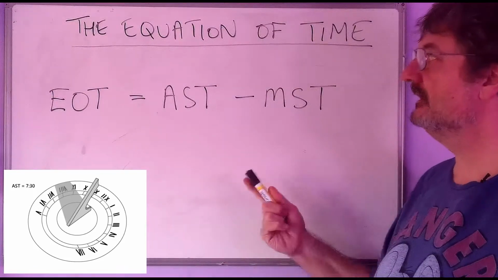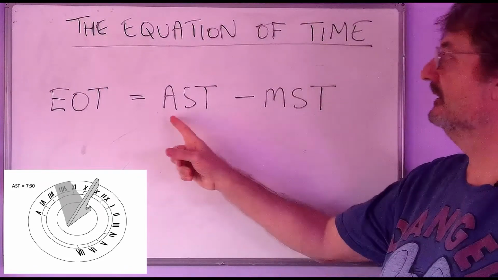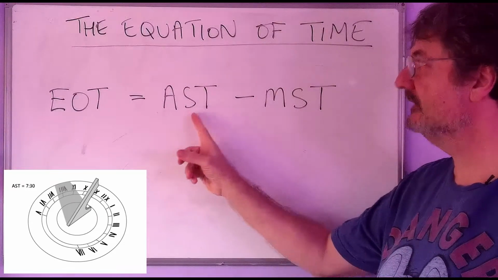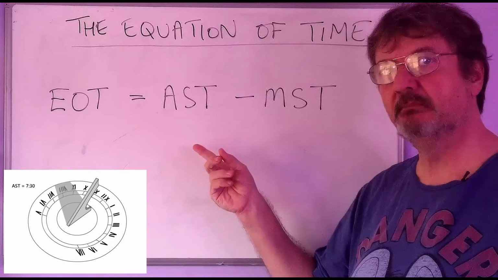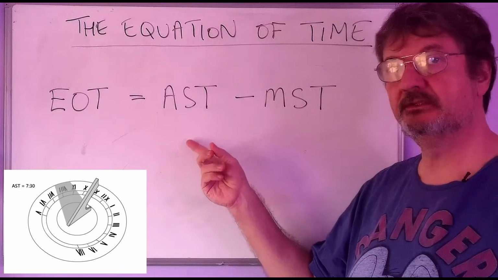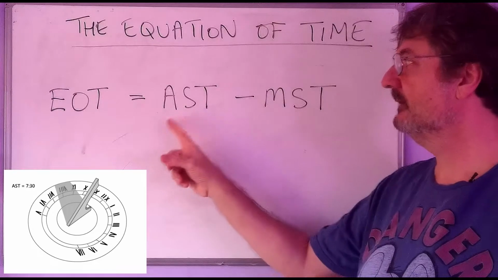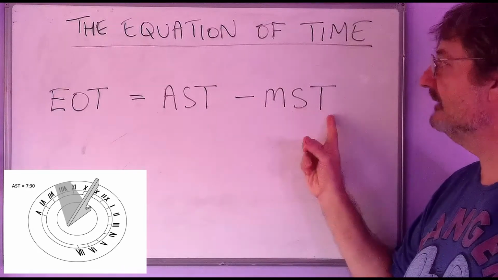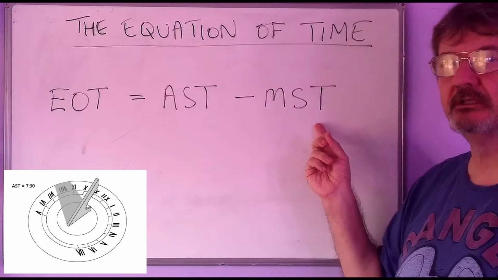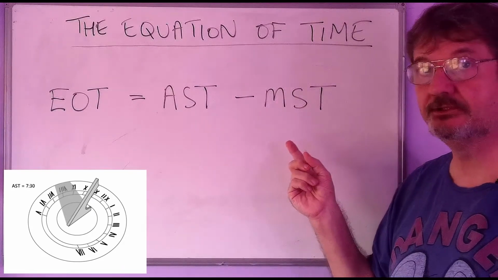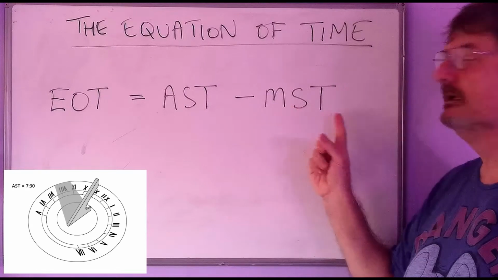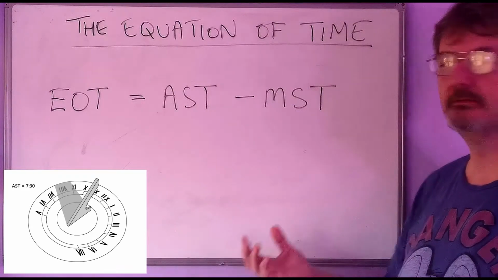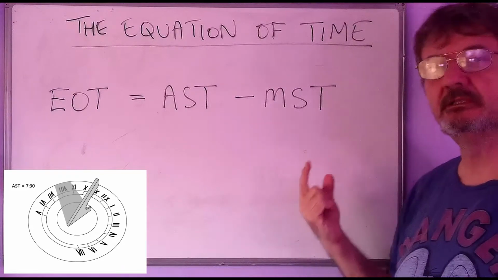So the equation of time is the apparent solar time, which is what the time appears to be according to a sundial, minus the mean solar time. If you live in Greenwich, your mean solar time is what your clock says. Your mean solar time is Greenwich Mean Time.